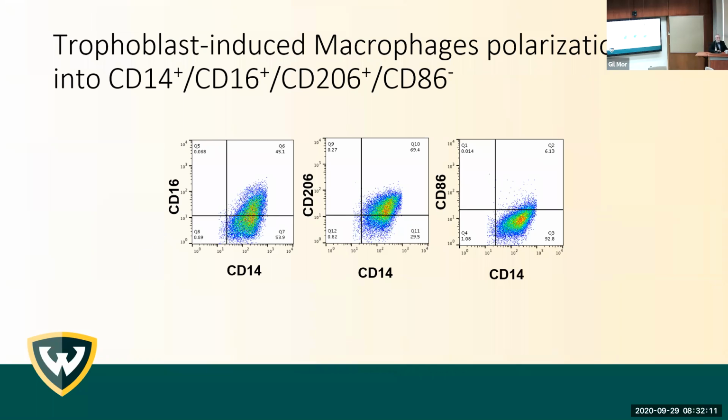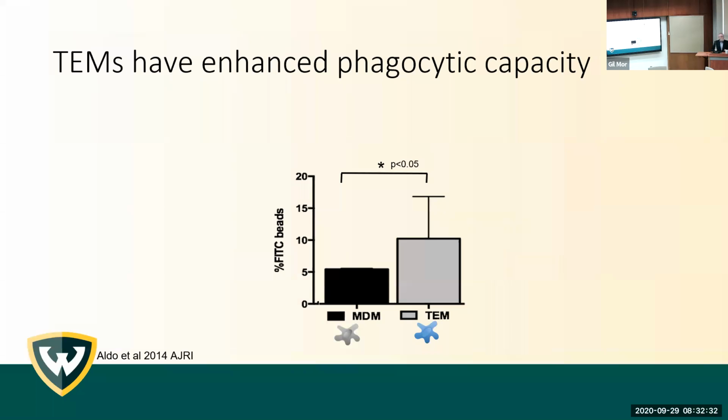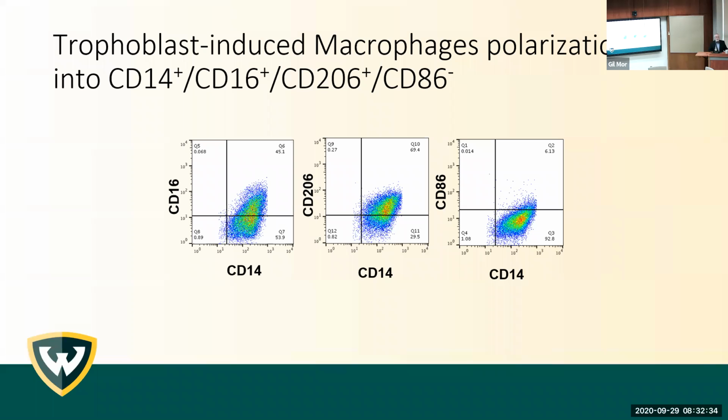In the presence of factors secreted by the trophoblast, the monocytes become CD14 positive, CD16 positive, CD206 positive, and CD86 negative, suggesting that in the presence of factors from the placenta, they become the classical decidual cells, more into the M2 anti-inflammatory macrophages.